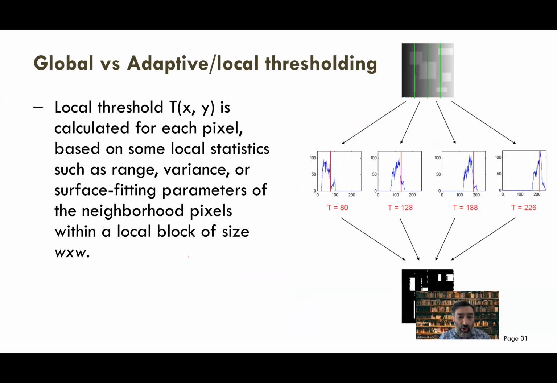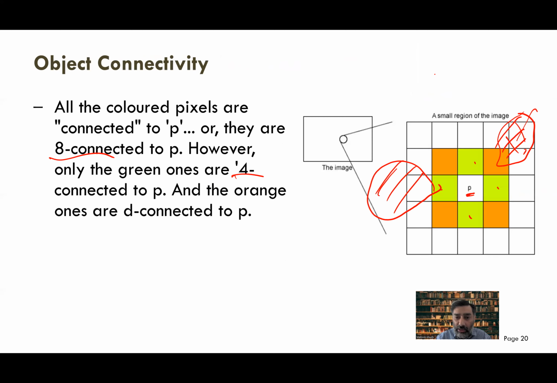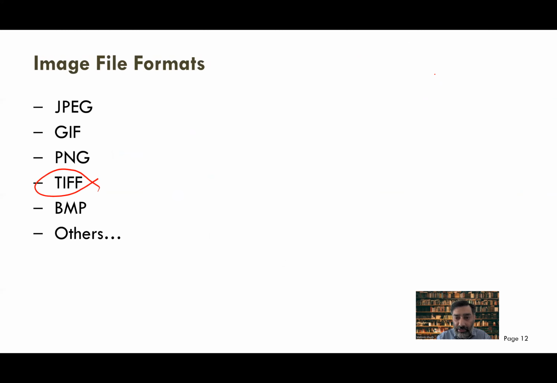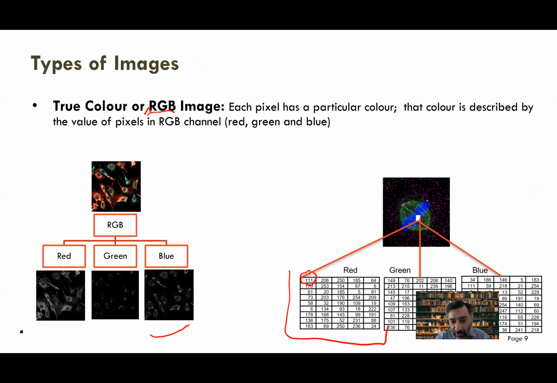This is called local thresholding or adaptive thresholding, where you define certain areas and then you apply a different threshold on each. This is what I did with this work, because here our region of interest was this DNA, and there could be another spindle here, and another spindle here.